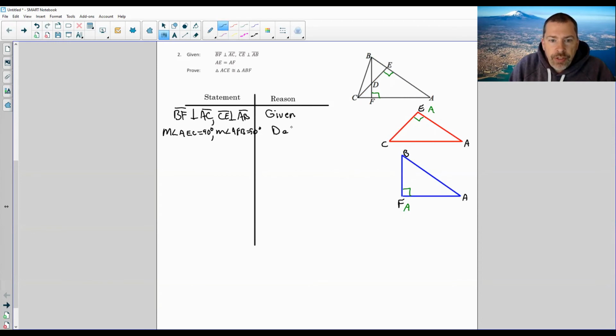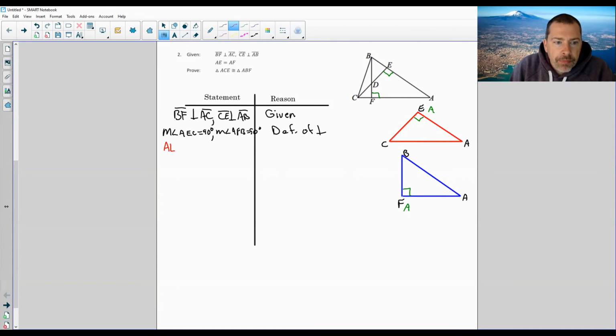And that is the definition of perpendicular. It's not a bisector, just perpendicular. So that's the definition of perpendicular lines. They form right angles. Okay, so now I want to go on to my next given.